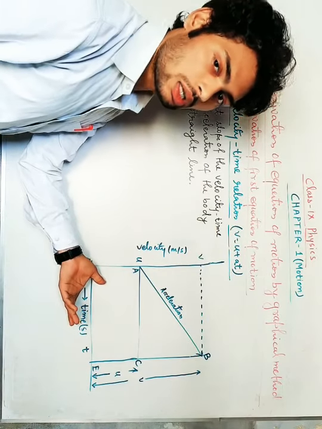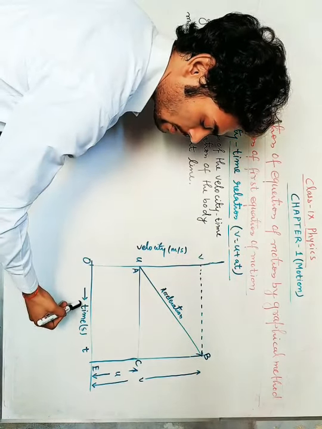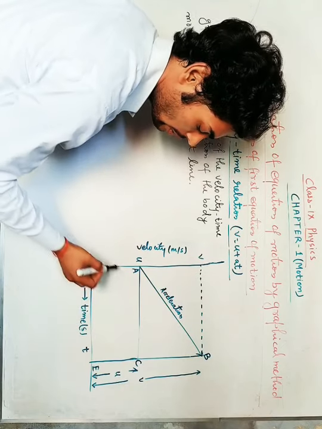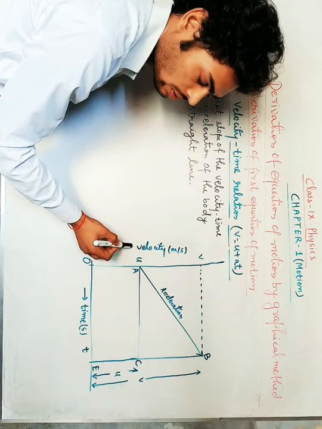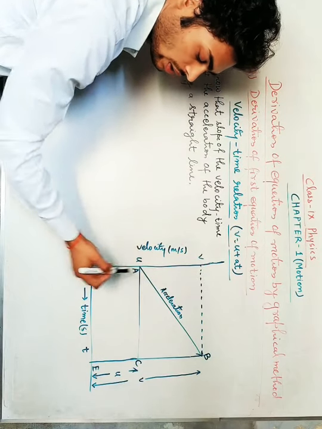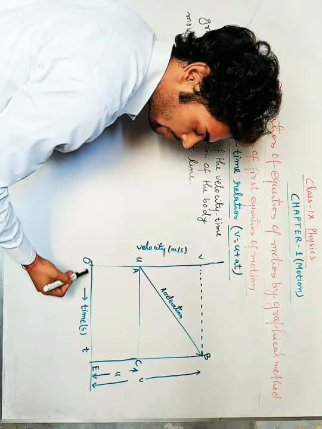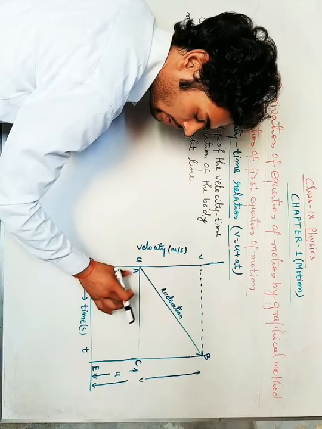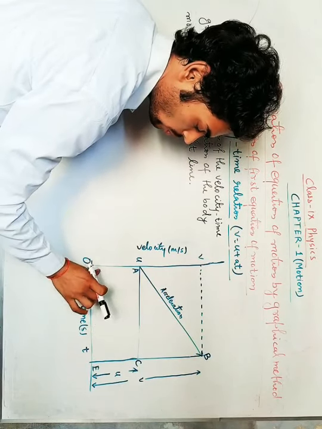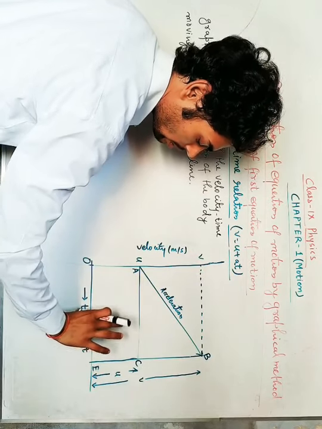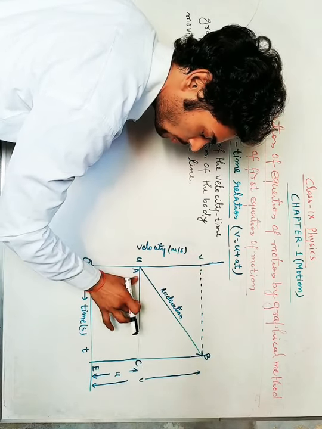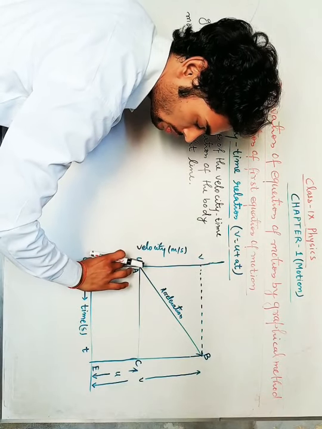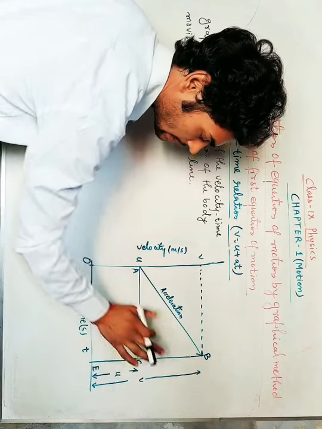This is the velocity time graph; on the x-axis we represent time, and on the y-axis we represent velocity. Here OE equal time, and in rectangle OACE, OE equal AC, and OA equal CE.